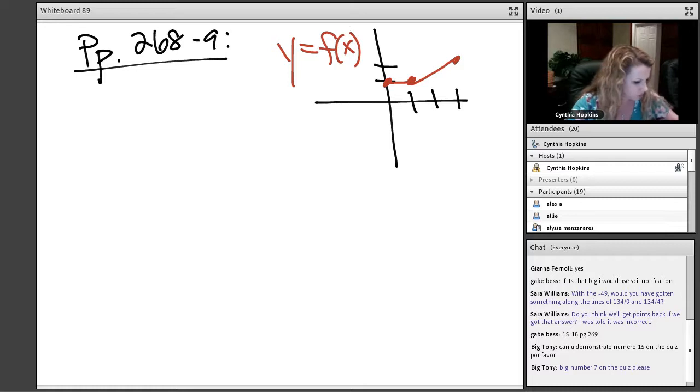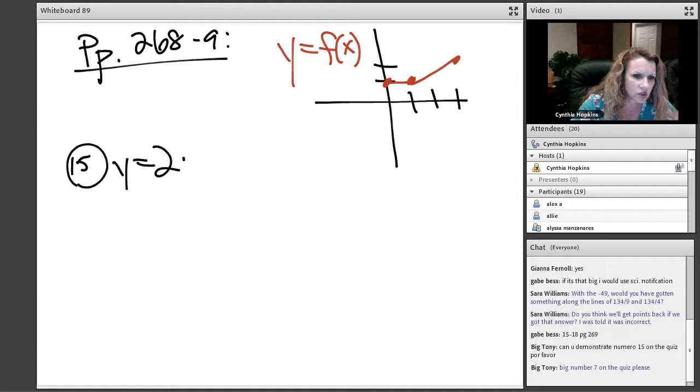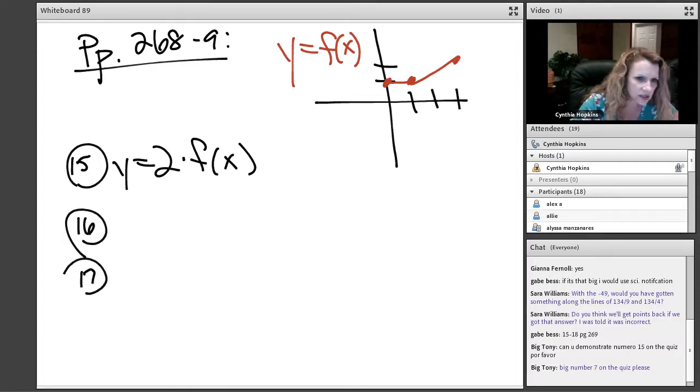Now what they want you to graph in number 15 is, let me write it in black, y equals 2 times f of x. In number 16, I'm debating how much room to leave. I kind of want to do it all on the same page. 16, 17, and 18.